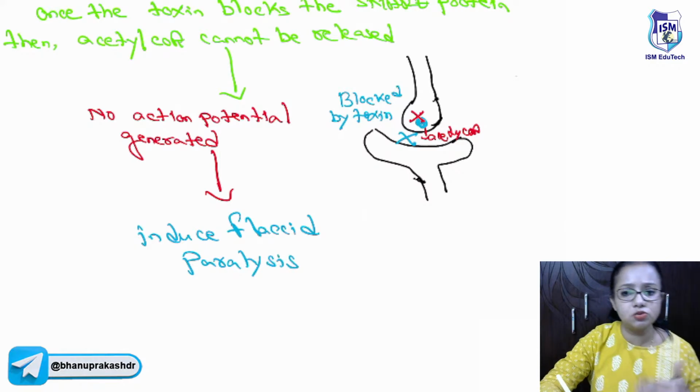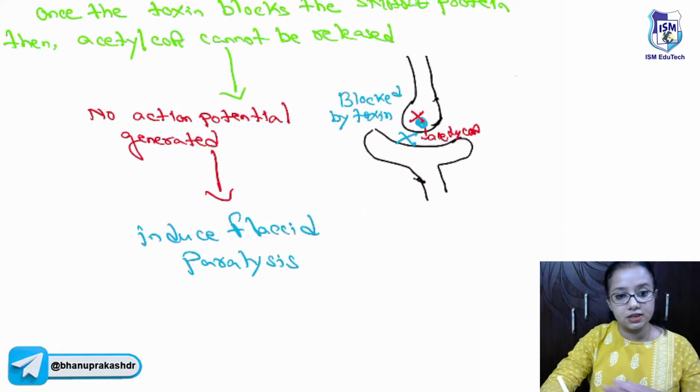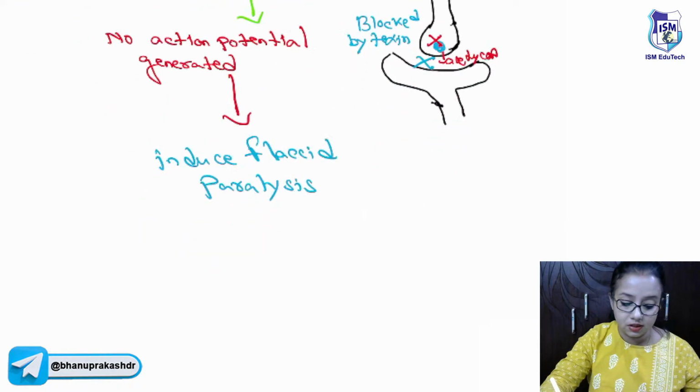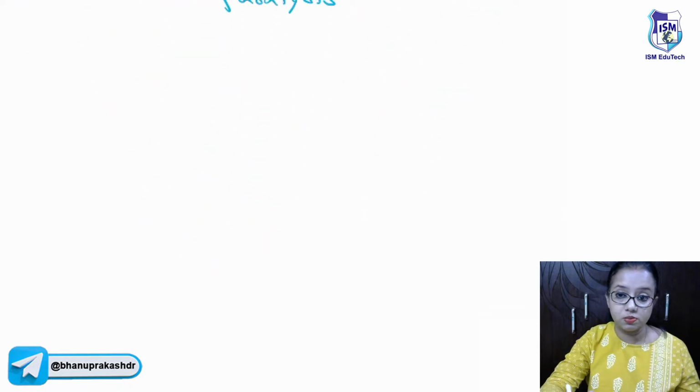Now, sometimes this is used in bioterrorism also, but internationally in warfare, usage of this botulinum toxin is blocked. Okay, this is the one toxin that is blocking the SNARE protein.